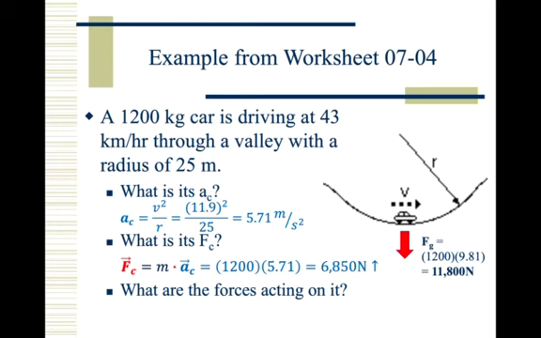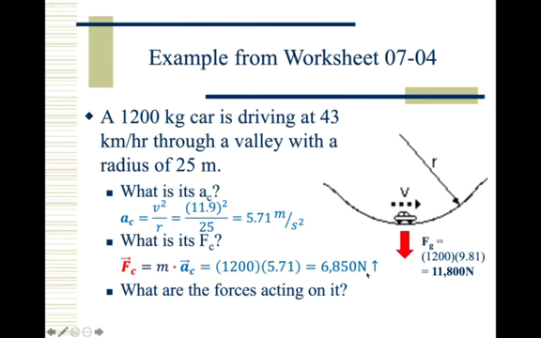The only other force acting on the car is the normal force acting upward. Now, normally, if we're not undergoing acceleration, the normal force up on top is equal to the force of gravity. But in this case, we need a net upward force of 6,850 newtons to keep this car moving in that circular path.